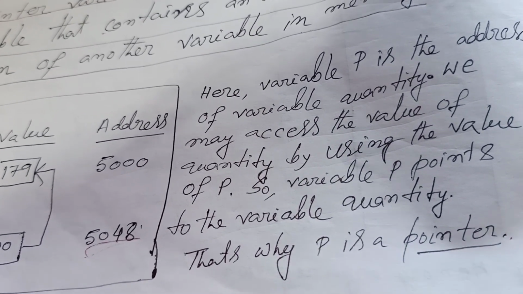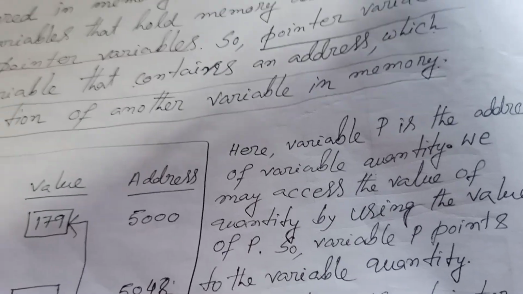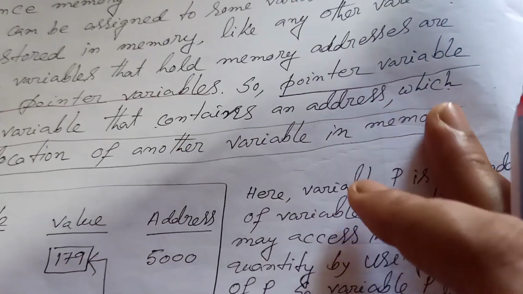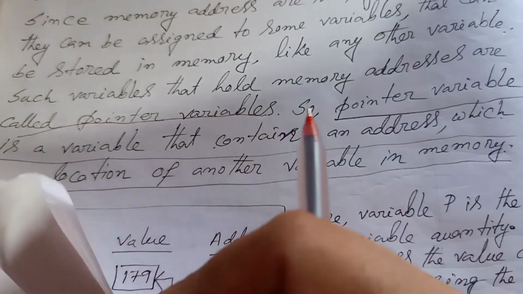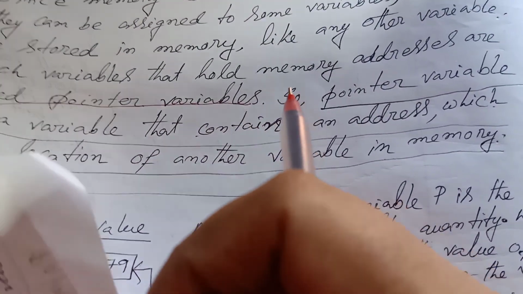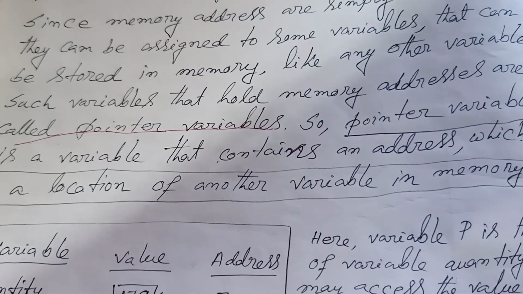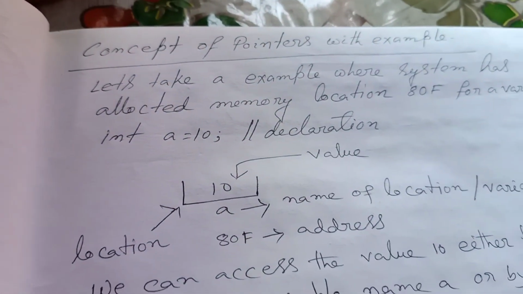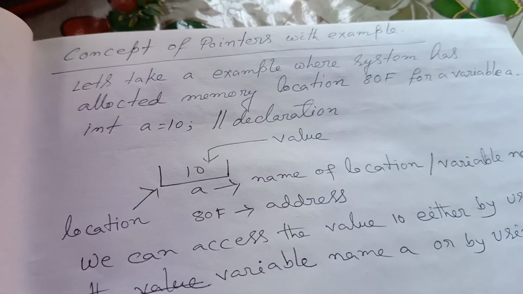That's why P is a pointer variable to the variable quantity. Okay. So this is the pointer concept. Now let's discuss the concept of pointer with an example.